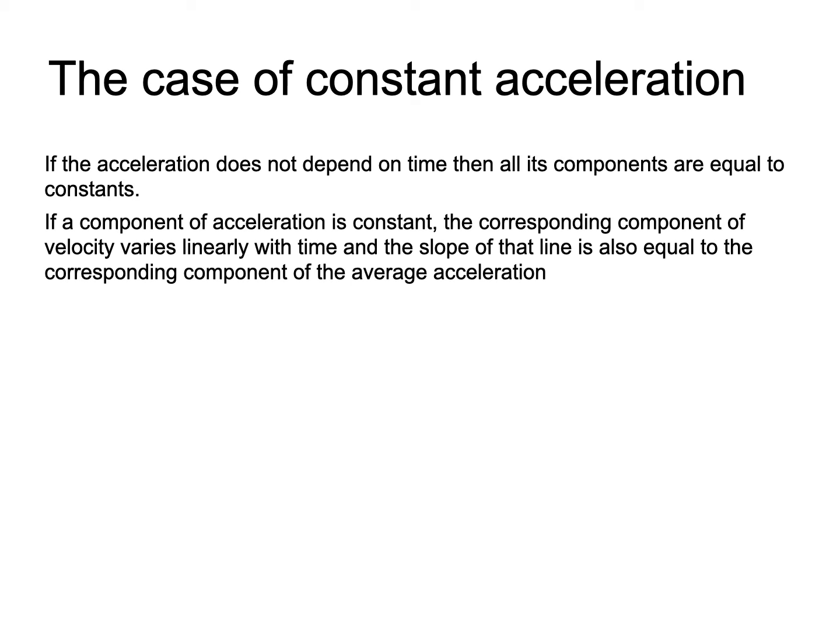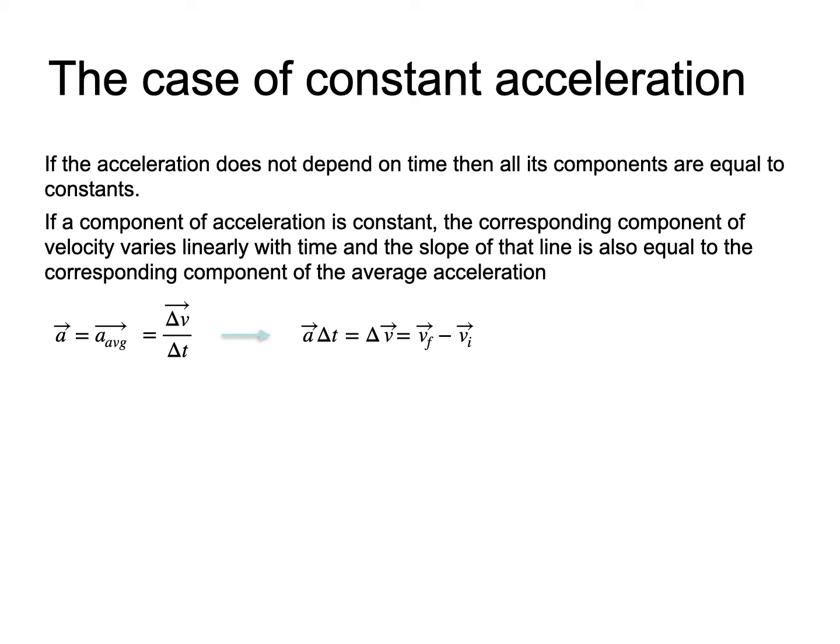In other words, we can write this for the special case of constant acceleration. By definition of the average acceleration, we can add this to the equation. Rewriting the preceding equation leads to this equation, and the definition of the change of velocity can be used here.